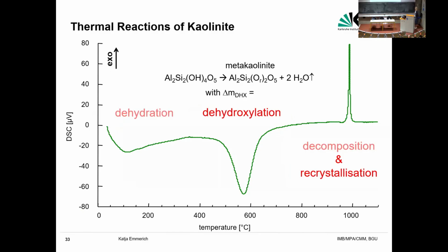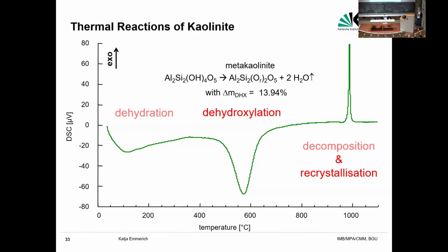Now we come to the thermal reactions of kaolinite, or dioctahedral one-to-one layer silicates, also polytypes of kaolinite. You already saw this curve: dehydration, dehydroxylation, decomposition, and recrystallization. If you calculate the stoichiometric mass loss during the dehydroxylation, you get a value of 13.94.